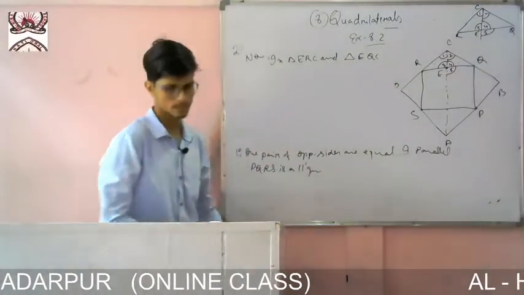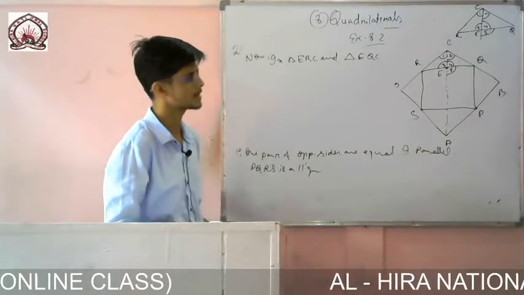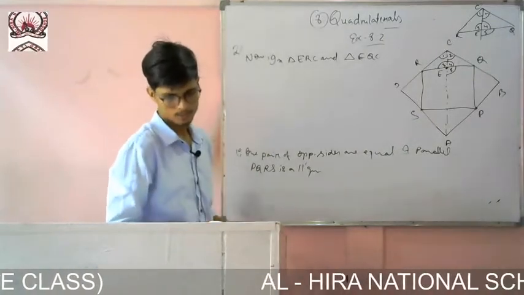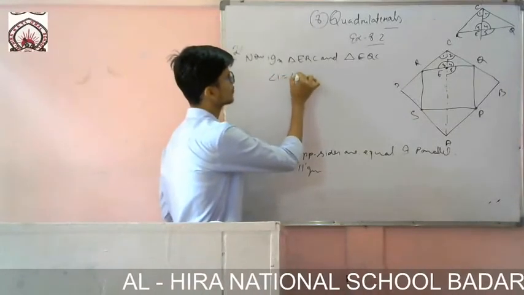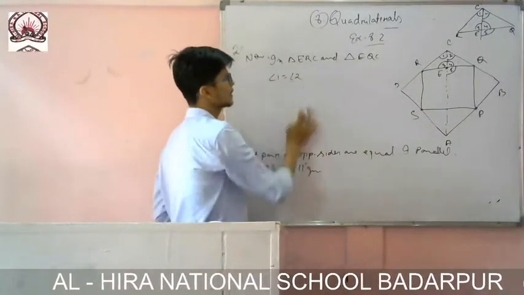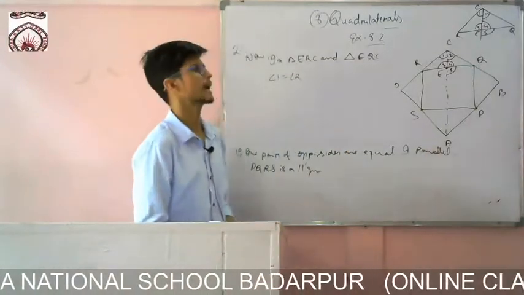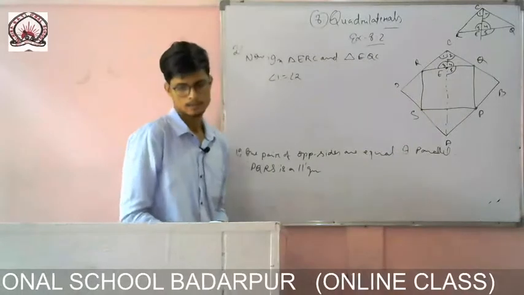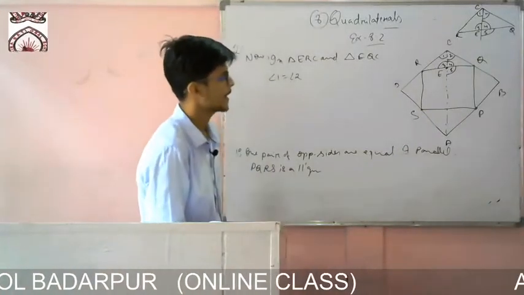Now you see one thing, these are two triangles, so I have to show that these two triangles are congruent. Angle 1 will be equal to angle 2. Why? Because ABCD is a rhombus, and in a rhombus the diagonals bisect each angle. AC is the diagonal of the rhombus ABCD.